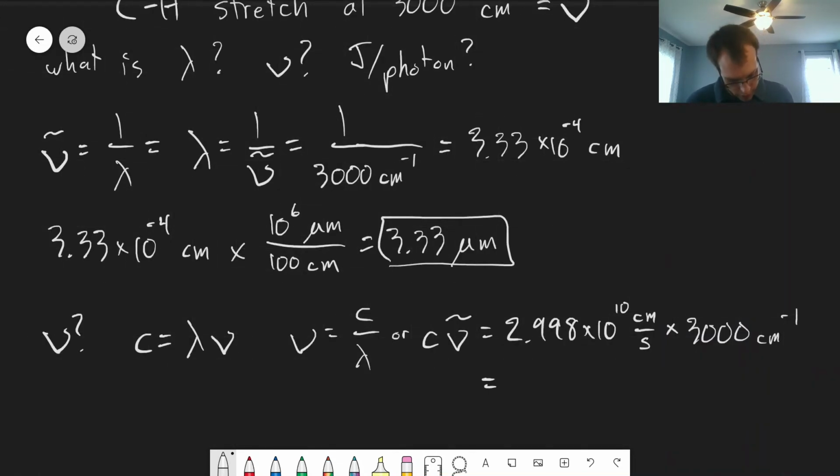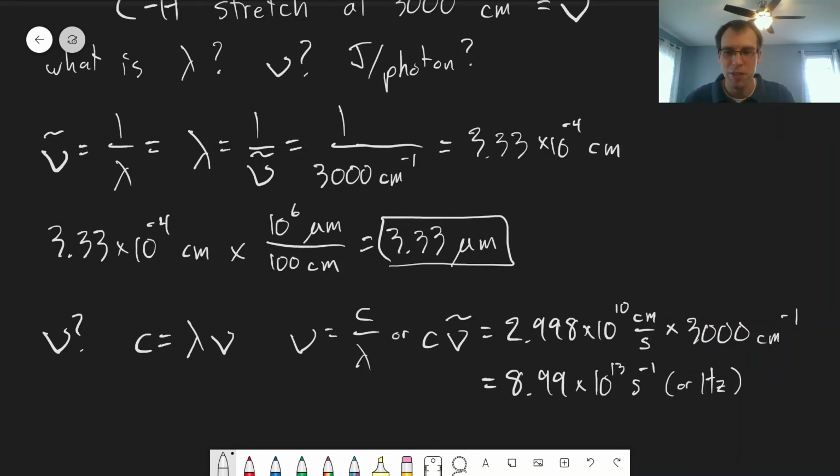All right, so we can do that multiplication, and we'll get 8.99 times 10 to the 13th seconds to the minus 1, or that's the same unit as hertz. Right, so this is a lot of cycles per second, right? 10 to the 13th cycles of this light per second. And the wavelength of that light is only 3.33 micrometers, right? So very small numbers here.